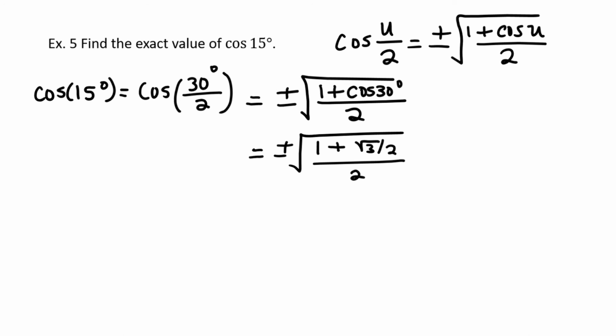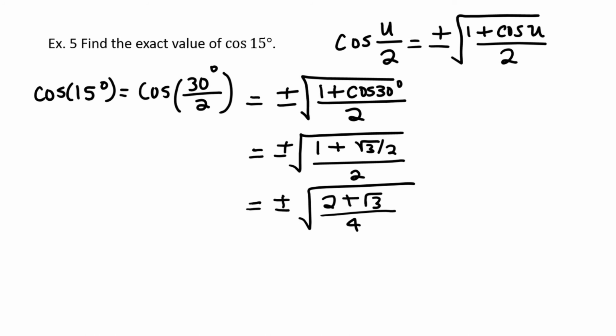Let's get that a little less messy looking, and so we can actually combine the terms in the numerator and simplify that, and we'll get plus or minus, and this can become 2, remember, because I'm going to do 1 as 2 over 2, so 2 plus the square root of 3, and then putting all of that and multiplying it over the 2 with the 2 will be 4.